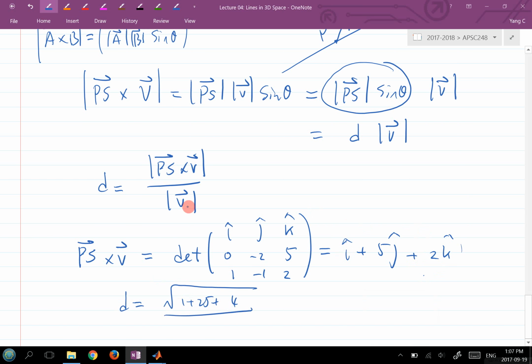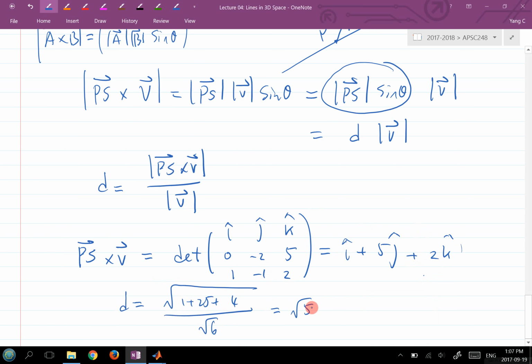At the bottom, you get the length of V: 1 plus 1 plus 4, so root 6. So altogether, 25 plus 4 is 29, plus 1 is 30. So root 30 over root 6. Again, you get root 5. So that's another way. This is the cross product approach, okay?